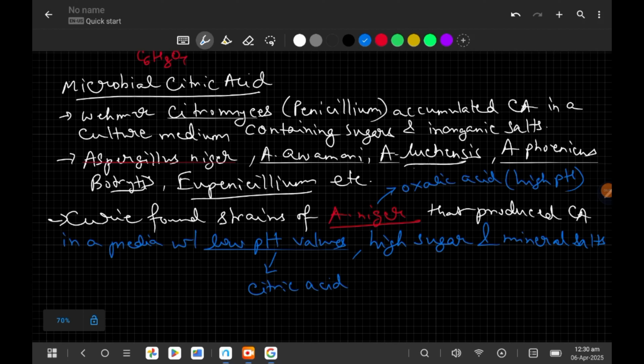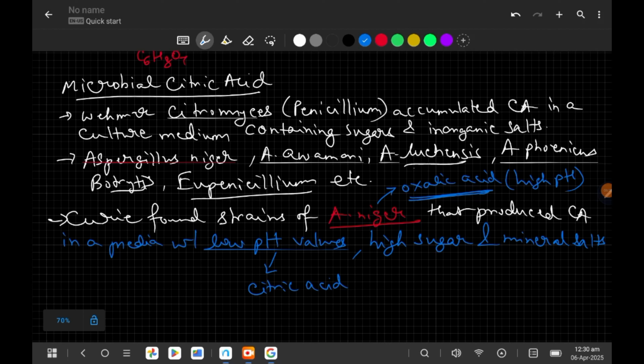When the pH is high, it produces oxalic acid. When it is low, it produces citric acid. Another thing is that oxalic acid is quite toxic to the citric acid process. So when you are producing citric acid, the oxalic acid amount has to be kept low. That's why the pH should be kept low.